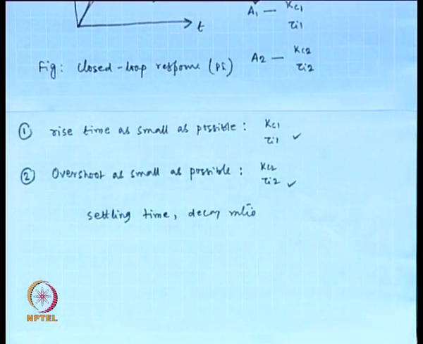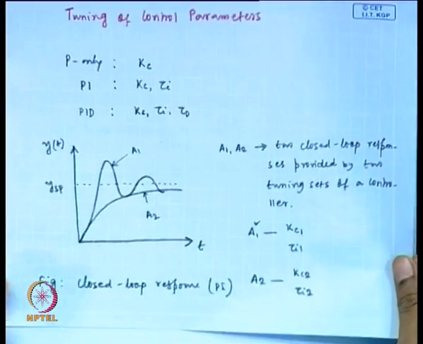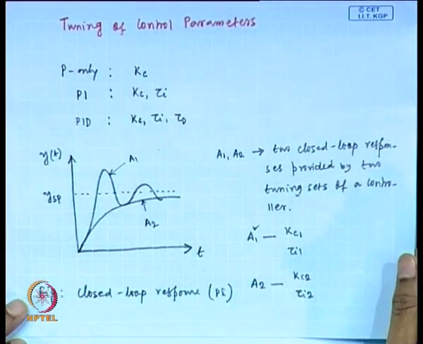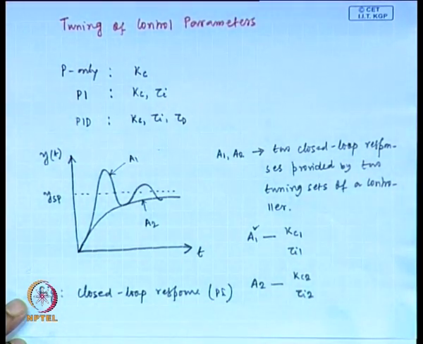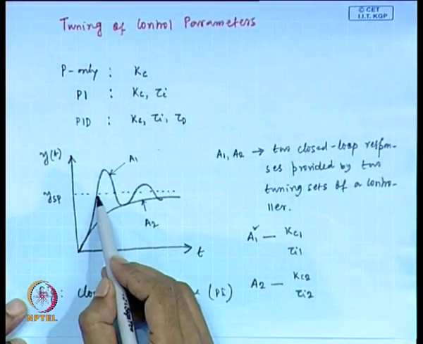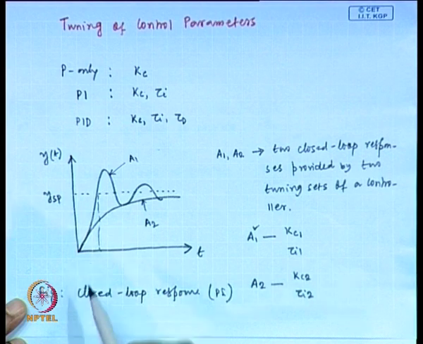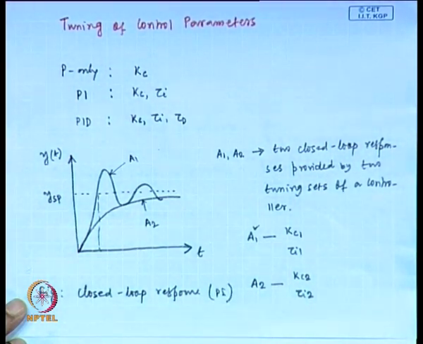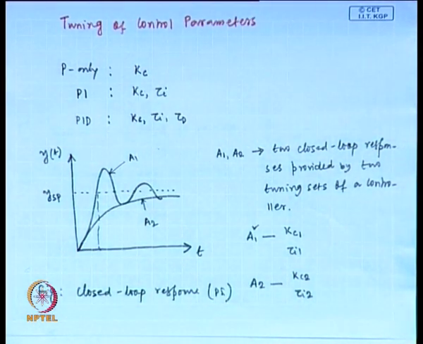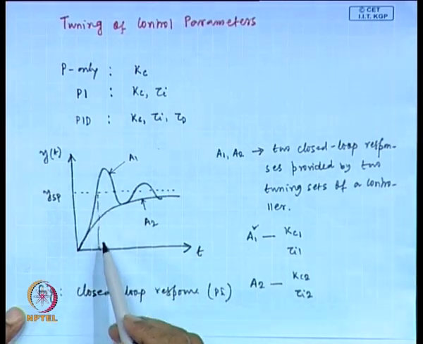Now, you see one thing, if our target is to keep the rise time as small as possible, then we need to consider the closed loop response at a particular time instant, and we will proceed to tune the controller. That means, we can tune the controller considering the response at a particular time instant.